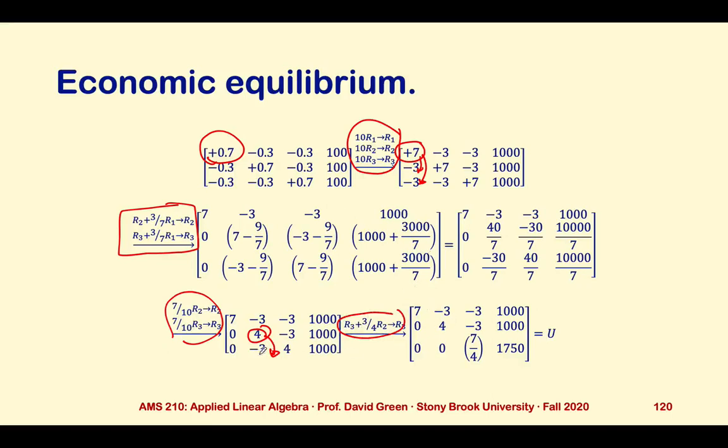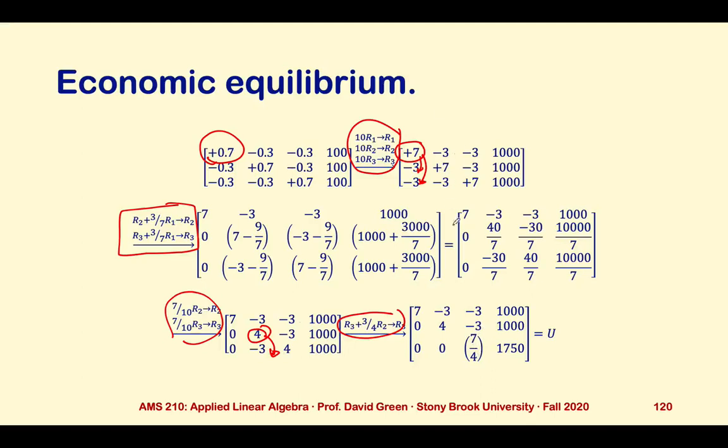By construction, negative 3 plus 3 is 0. And we'll have 4 minus 9 over 4, because we're multiplying by 3/4. 4 is 16 over 4, minus 9 over 4 is 7/4.